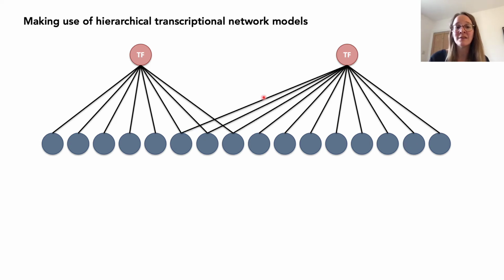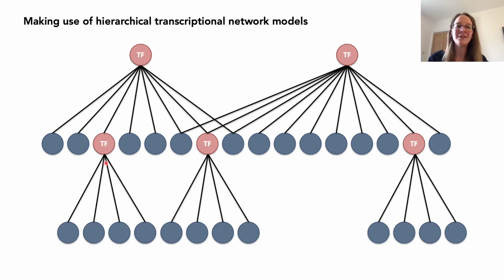And then some genes might be regulated not just by one transcription factor, but by other transcription factors as well. Some of these target genes might be transcription factors themselves and have their own target genes. So there's a whole cascade of transcriptional events, a whole hierarchical transcriptional network that we can model for these transcription factors.